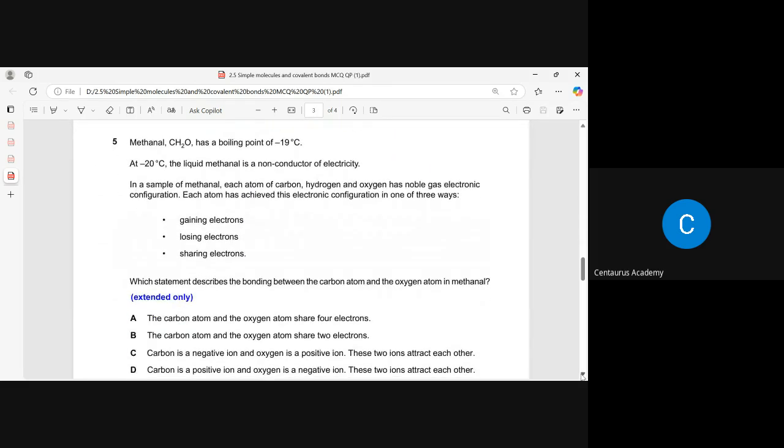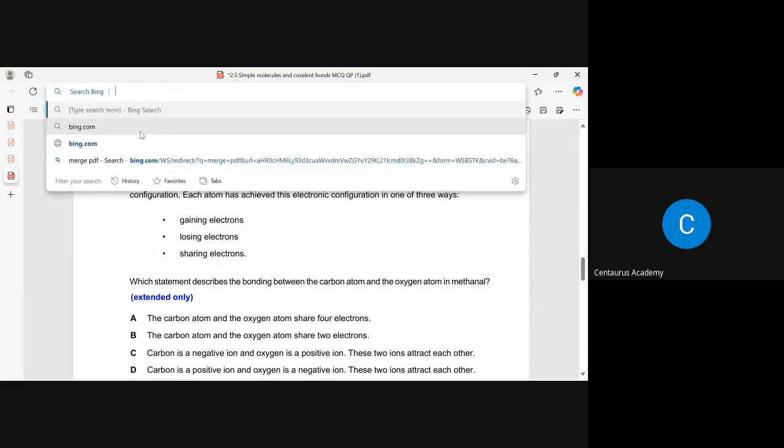Methanol, which is CH2O, has a boiling point of negative 19 degrees Celsius. Now, methanol is basically an aldehyde. Okay, this is an aldehyde, and this is not.